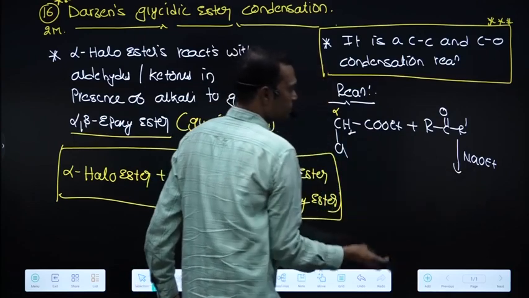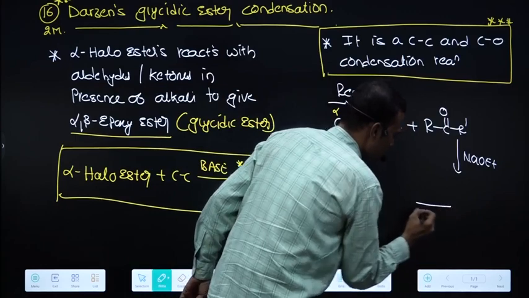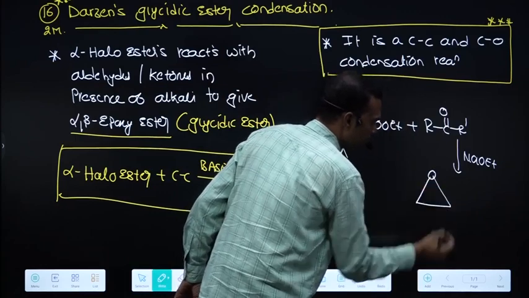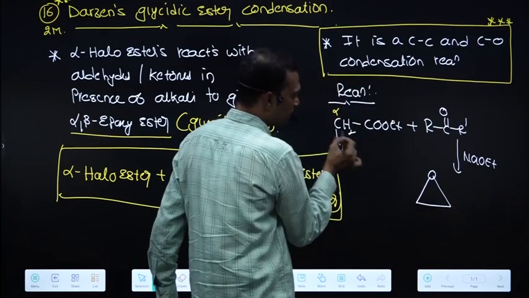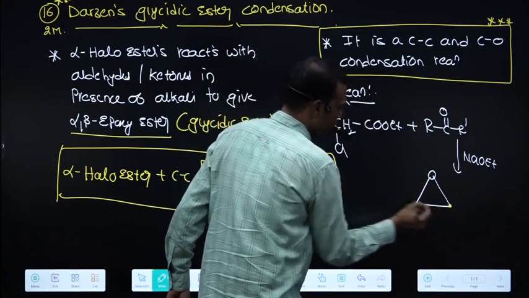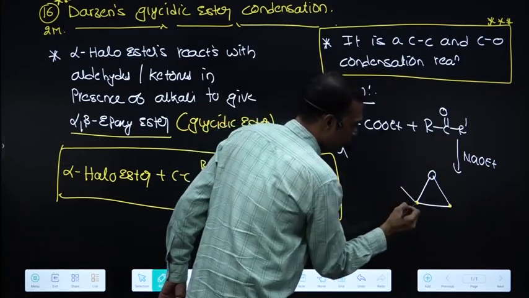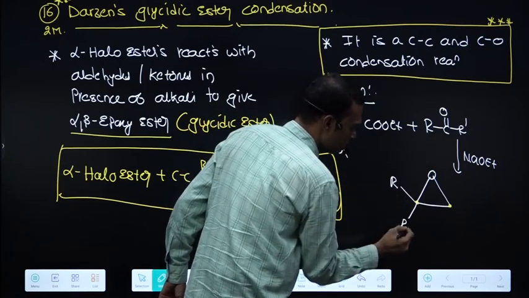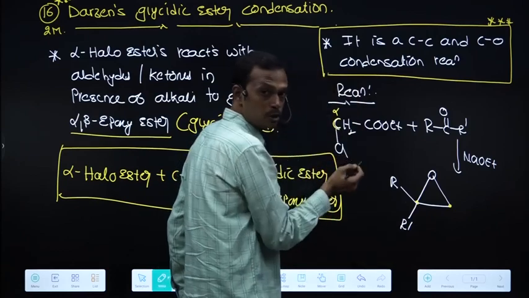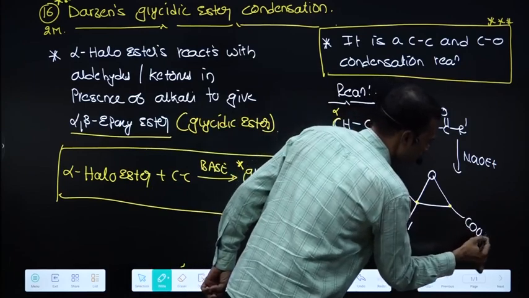See, this base will take the proton here, and finally see, this is alpha comma beta epoxide. This carbon is this one. Now this carbon carries two substituents. One is R, other is R dash. Now this carbon already chlorine is present, that I removed. Then this is connected to ester. So this is the answer.